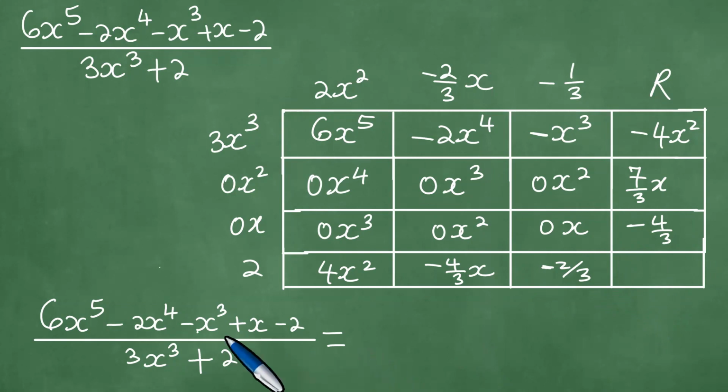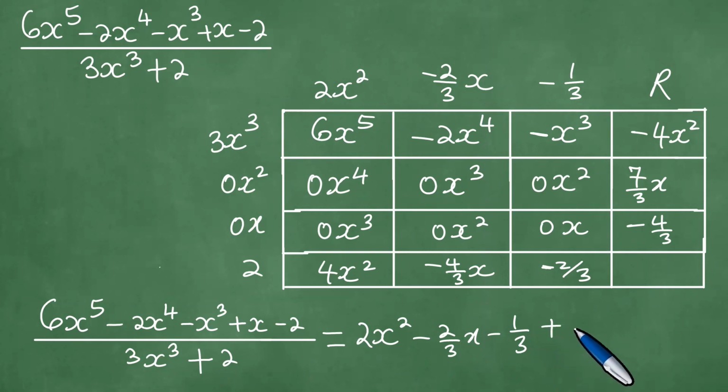And therefore, if you divide these two polynomials, the quotient, what sits at the top, is 2x squared minus 2 over 3x minus 1 over 3. And now we add to this the remainder.